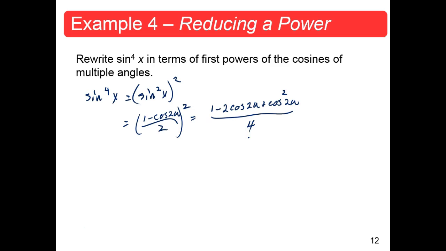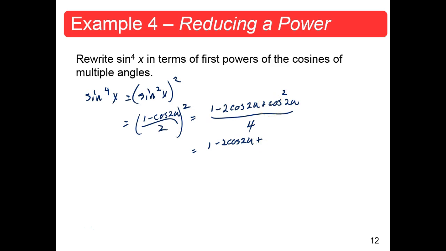Okay? Except it said in first powers of cosine. Here we have a second power of cosine. But guess what? Yes, we can use a power reducing formula for cosine. Now we're very happy with the 1 minus 2 cosine 2u. Those are fine. Okay? It's just this last part. We want to reduce that power as well.